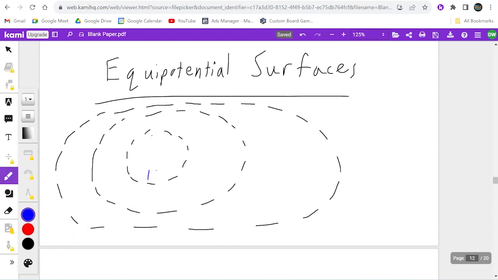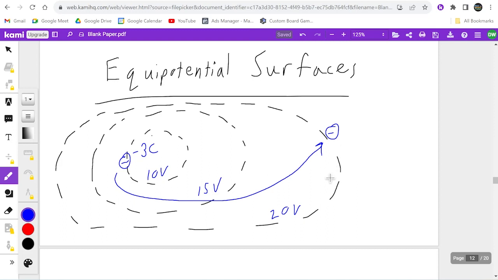For instance, this can be 10 volts, this can be 15 volts, and this can be 20 volts for the outer ring. And what I'm going to do is take a negative charge, right there, negative 3 coulombs, and move it all the way around to right there, this spot right here.